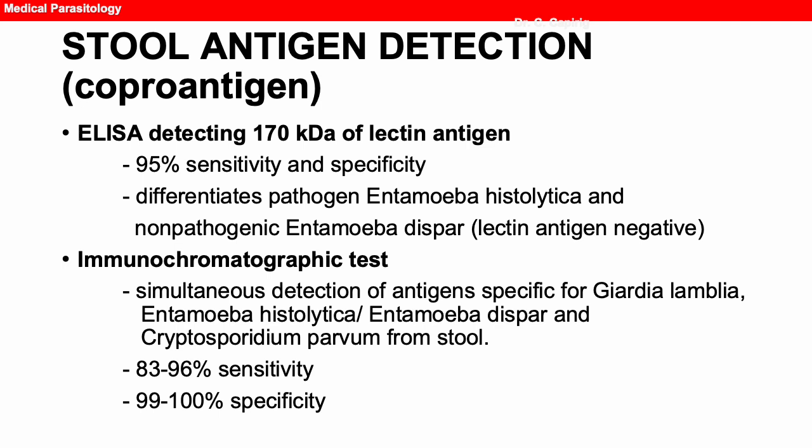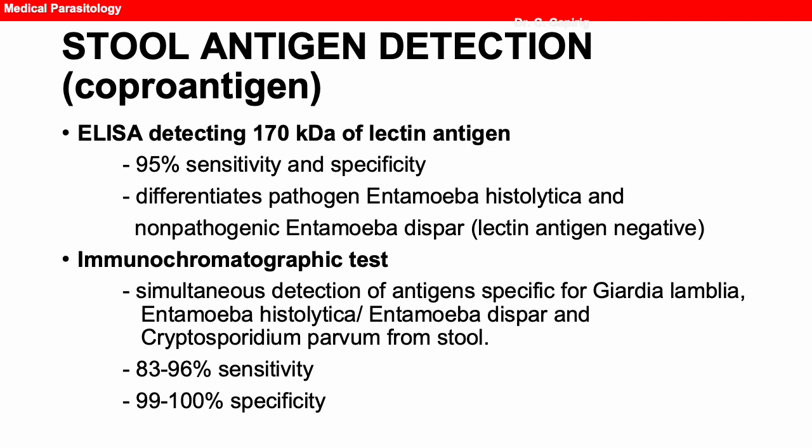It has 95% sensitivity and specificity, and ELISA can differentiate between pathogenic Entamoeba histolytica and non-pathogenic Entamoeba dispar, which is lectin antigen negative. Remember, I told you that Entamoeba histolytica cannot be morphologically distinguished from Entamoeba dispar, so you can perform molecular methods and serologic methods such as ELISA.